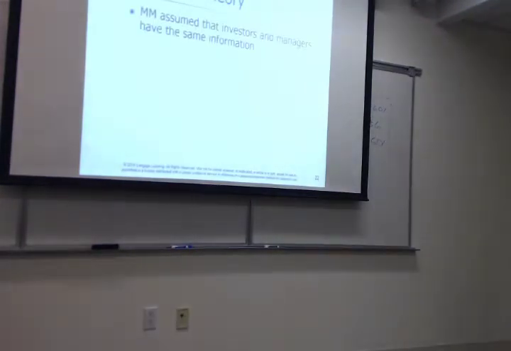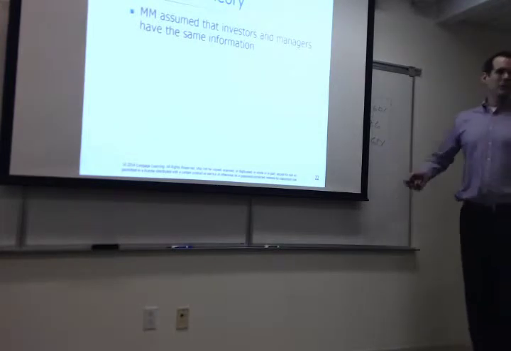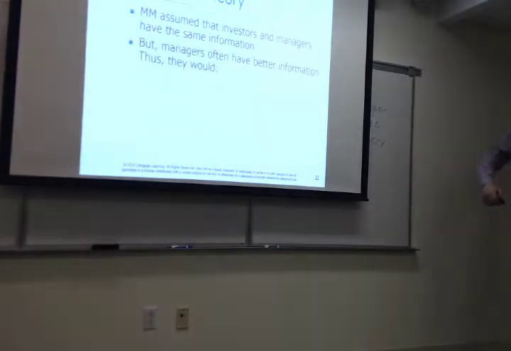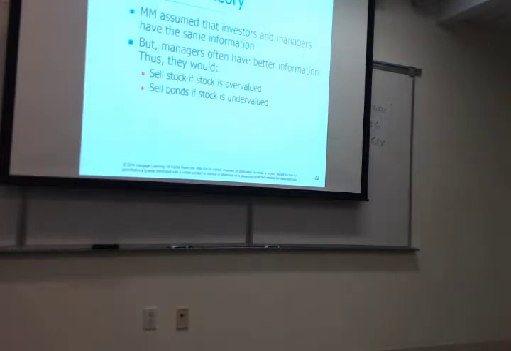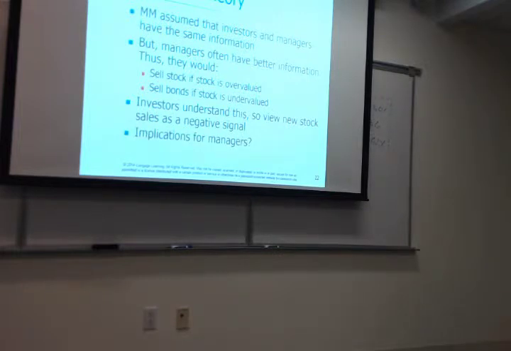Okay. The previous theory, the MM theory, assumes that managers have the same information, but that's not true. Managers often have better information. Thus, they would sell stock if it's overvalued, sell bonds if stock is undervalued. Investors know this, so they view stock issuance as a negative signal. Implications for the managers.